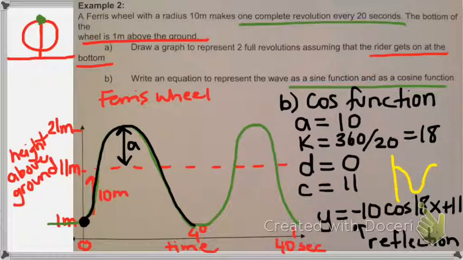Now, the next part is to write an equation to represent the same wave but as a sine function. Now, this is where it's going to get a little bit tricky. What I want you to do with your pencil, and again I'm going to do this in the yellow so that it stands out, is put a point on your graph just where I'm putting a point there.